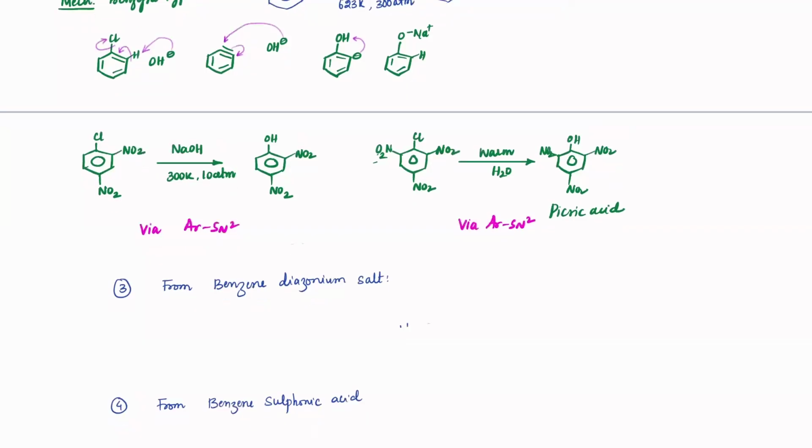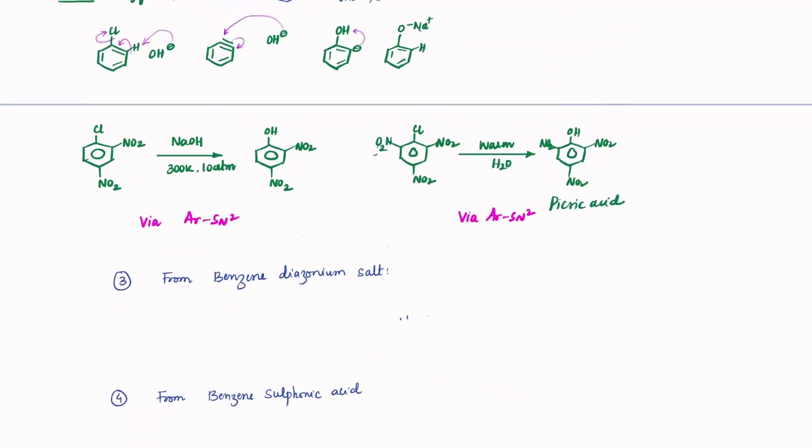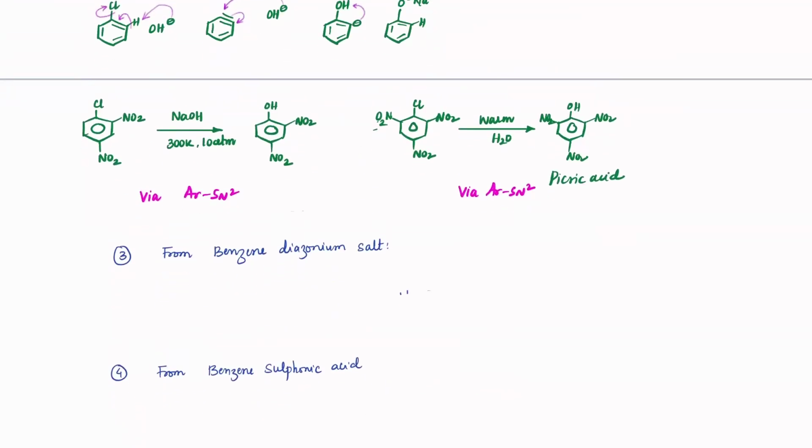All right. These are similar phenolic forms, nitro-substituted phenolic forms. Okay. Next, let's look at how we can get phenol from a diazonium salt. If you recall, if you take aniline and treat it with NaNO2 in the presence of concentrated HCl, we end up getting a diazonium salt, N2 plus Cl minus, known as BDC, benzene diazonium chloride.